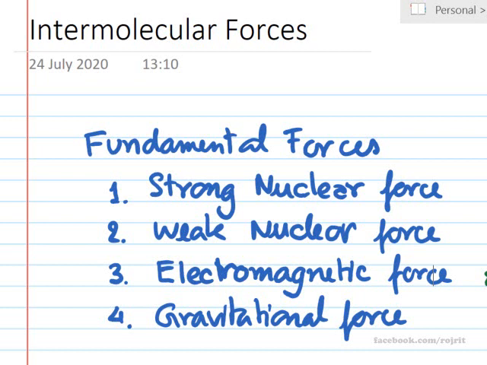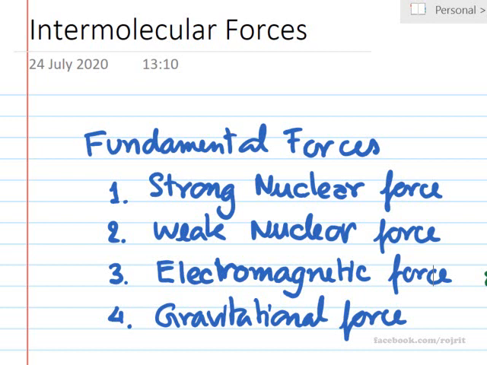First, the strong nuclear force, and secondly, the weak nuclear force. The strong and weak nuclear forces are present in a nucleus. As you may know, in the nucleus you have many protons, and the protons contain positive charge. So you have electrostatic repulsion among protons in a nucleus.